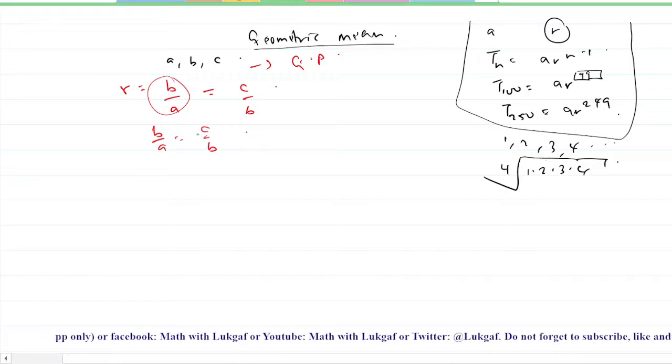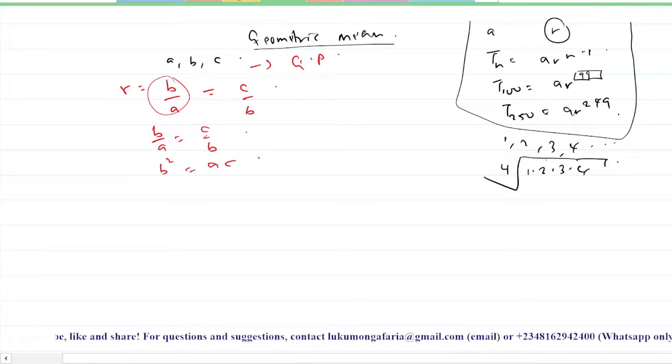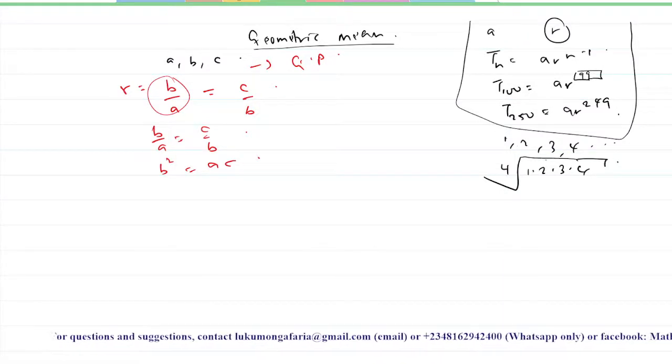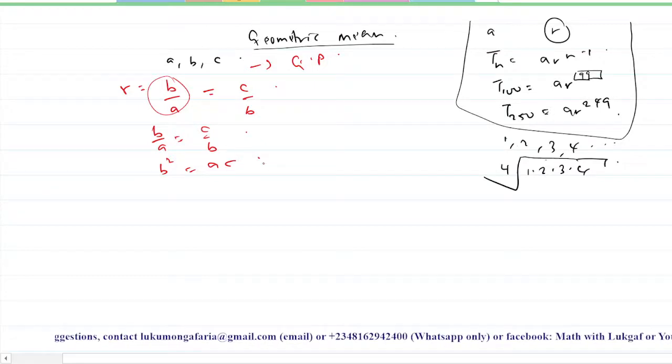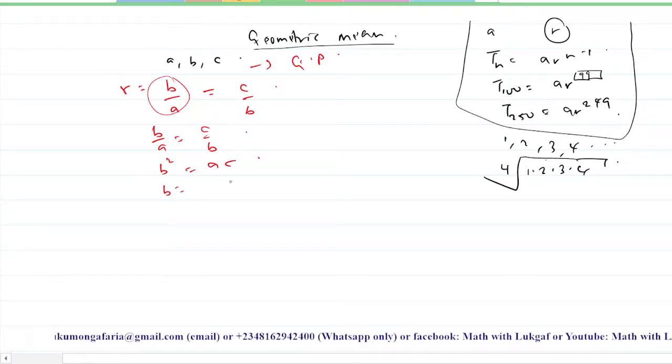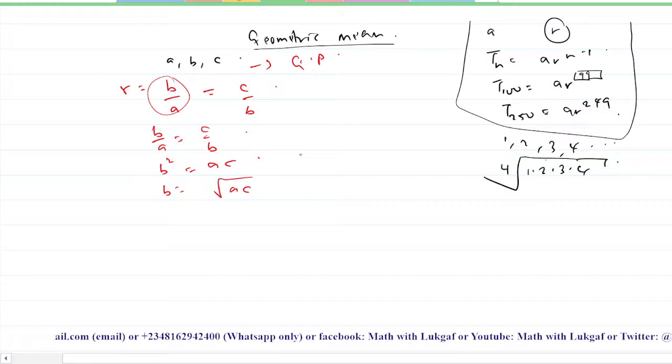If you do your cross multiplication, I'm going to have B squared is equal to AC. So my B will now be the square root of AC.